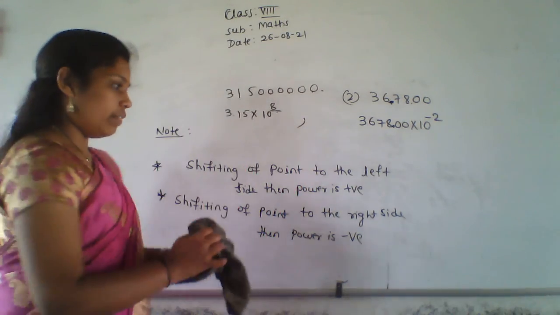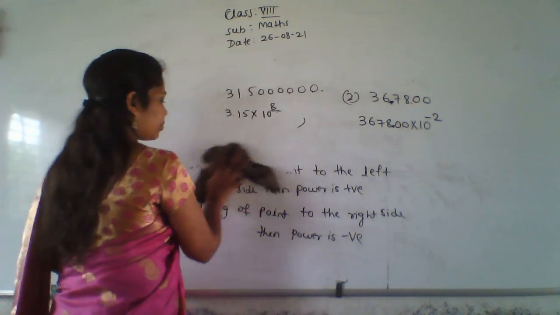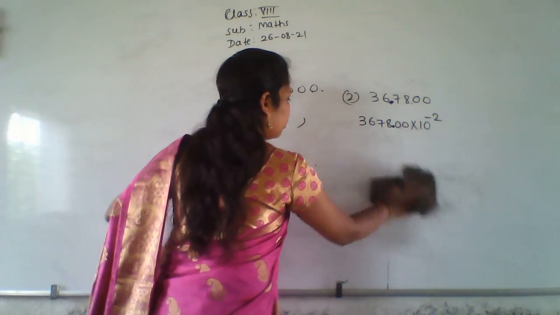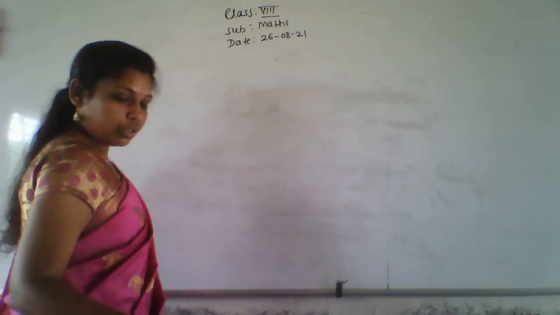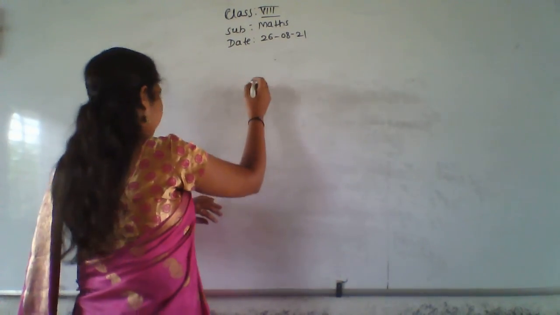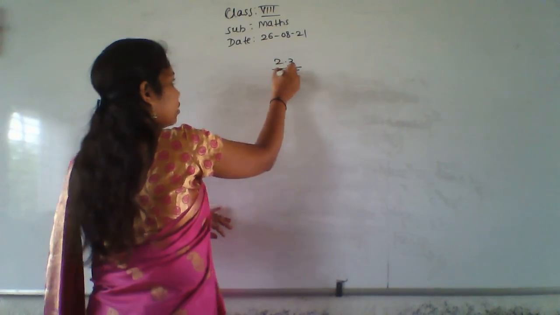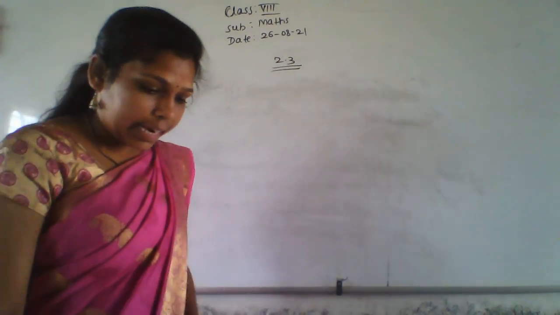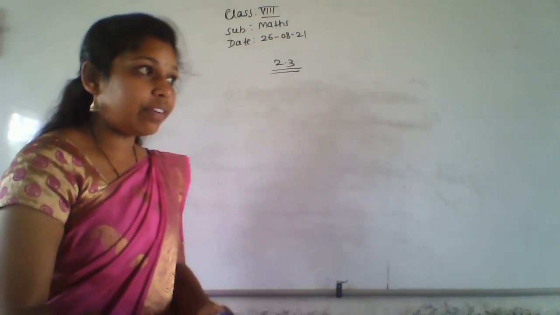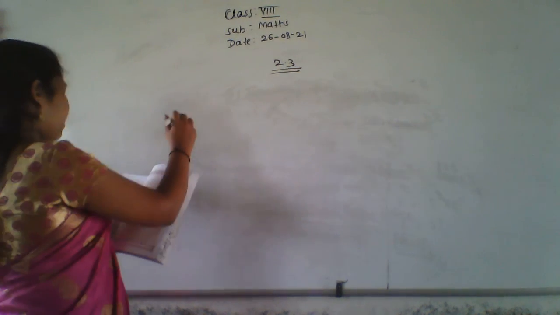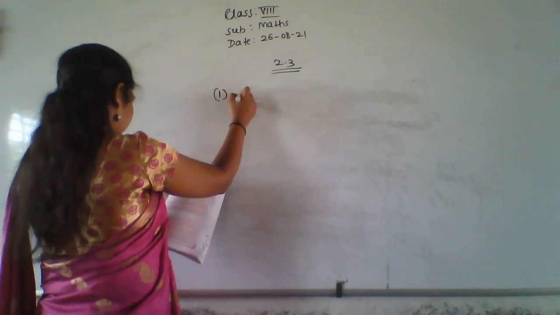Open 2.3, everyone. In 2.3, first: express the following numbers in standard form. Standard form means you have to write it in the power form, which I told as an example here.